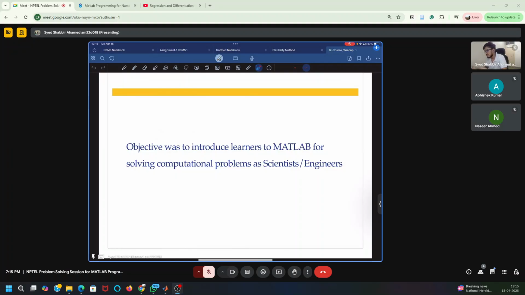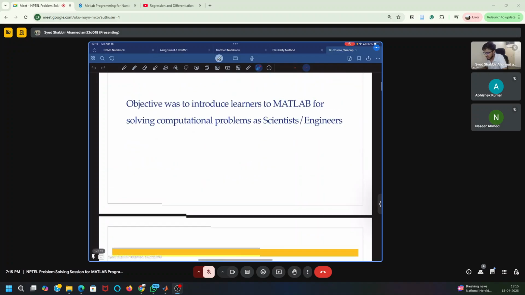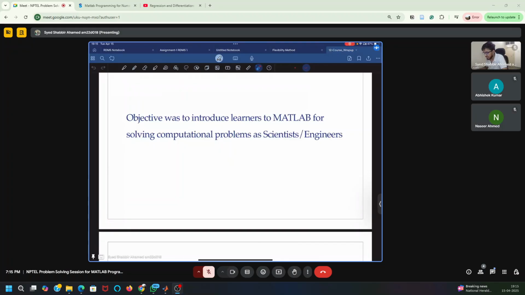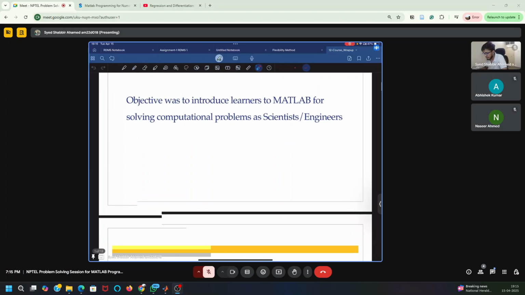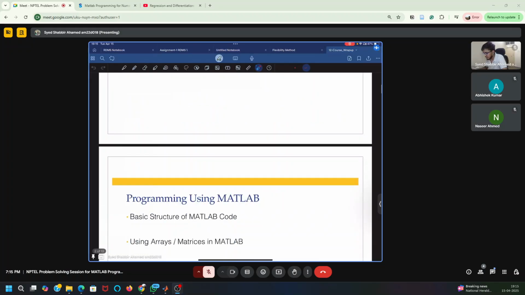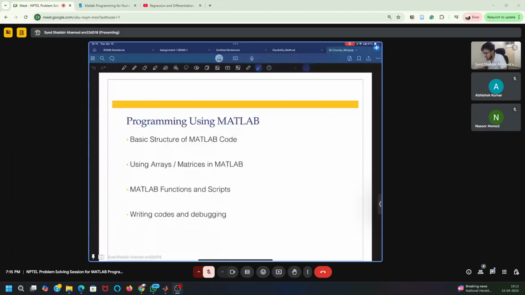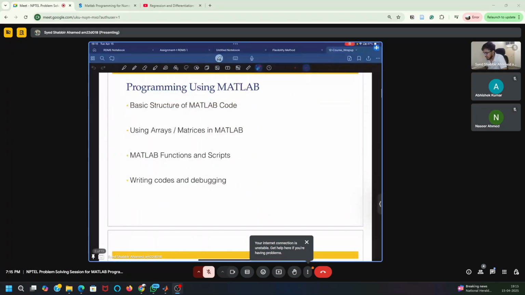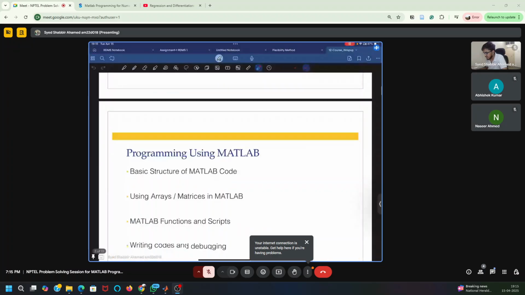You can build upon these concepts and learn a lot. So the objective of our course was to introduce MATLAB for solving computational problems, and then using those you can solve any engineering problem or research problem.